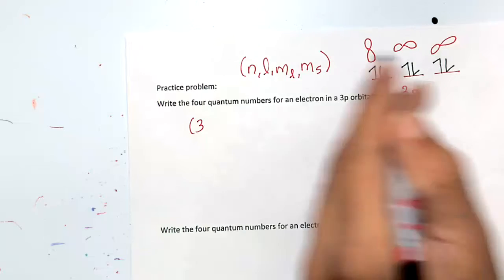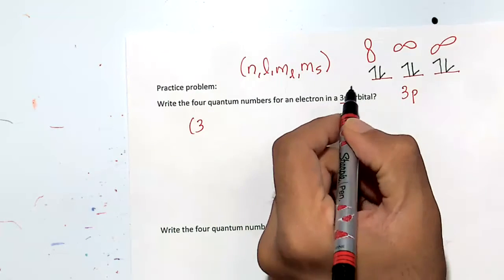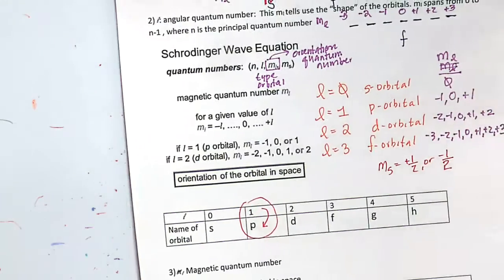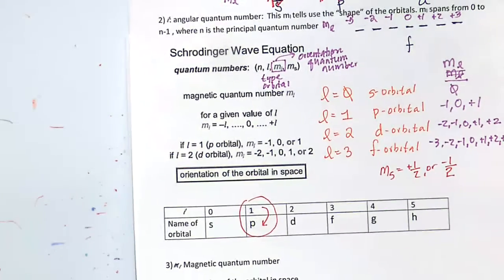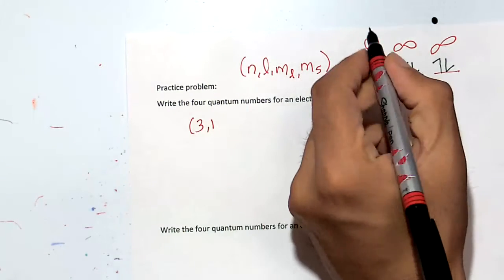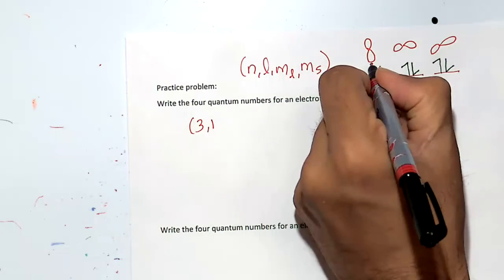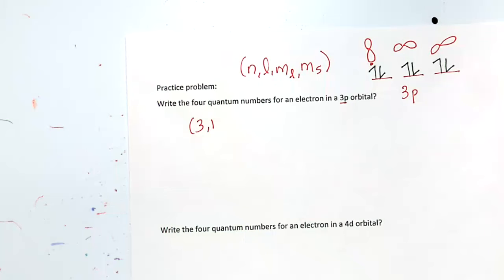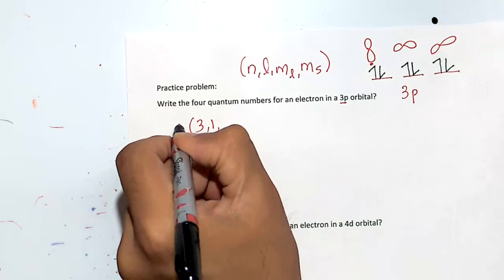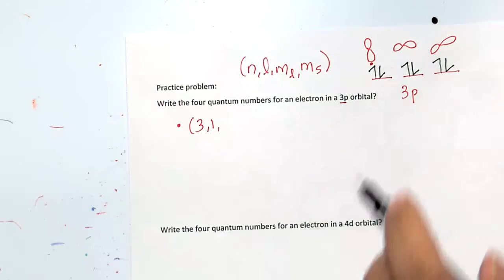All right, what is L for a p orbital? 1. So 3, 1. Let's look at this electron here. And what is m sub l?